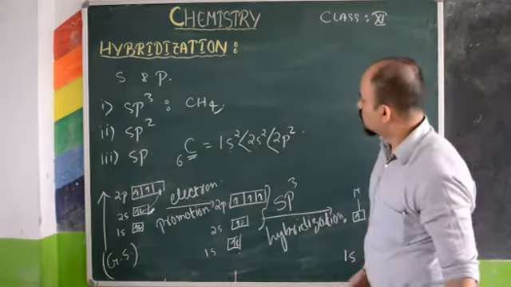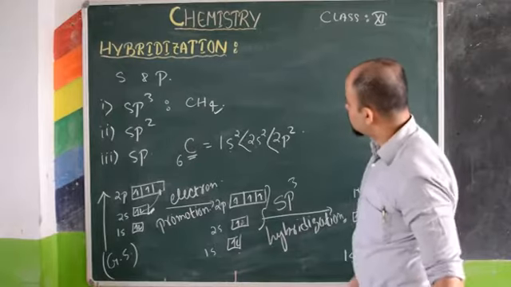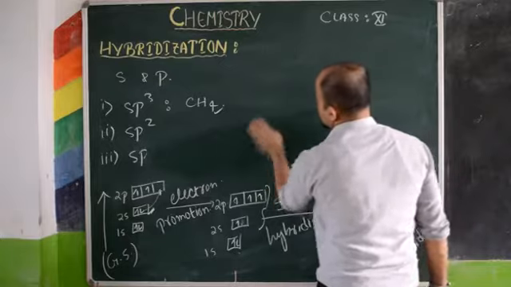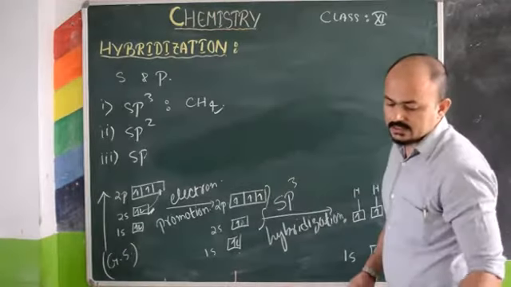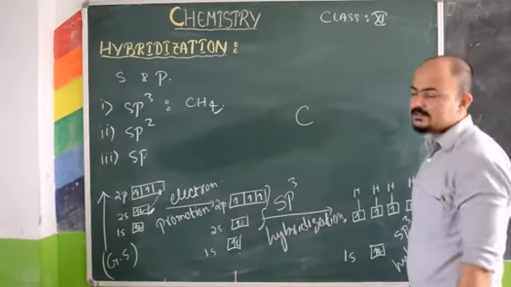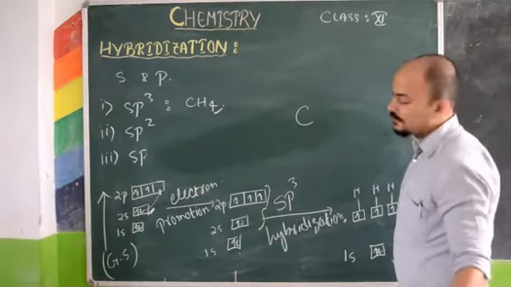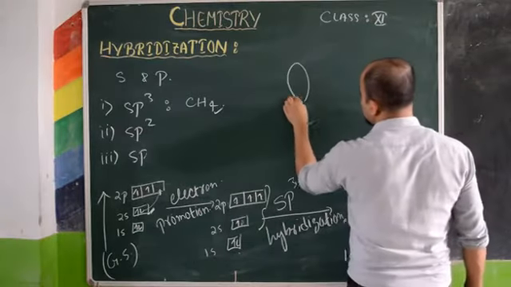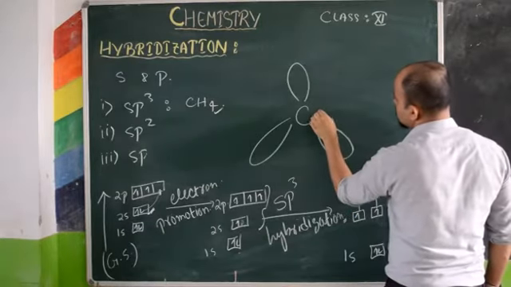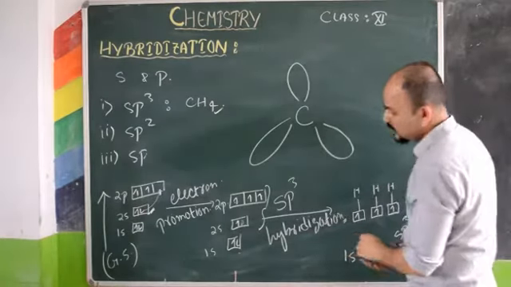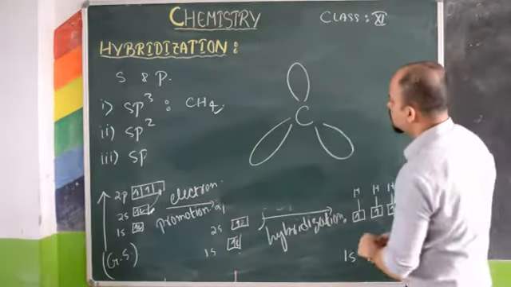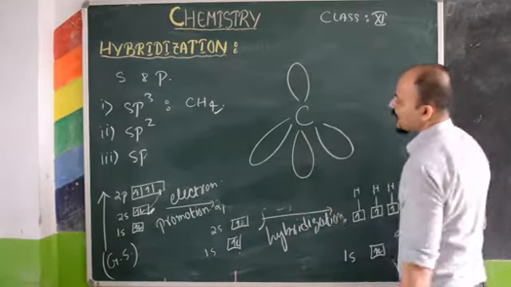Now let's draw the molecular orbital structure. In methane, carbon is present at the center, and these four sp3 hybrid orbitals will be involved in bond formation with hydrogen.